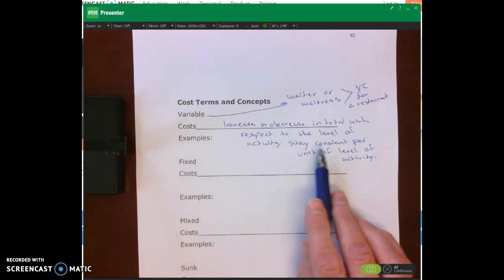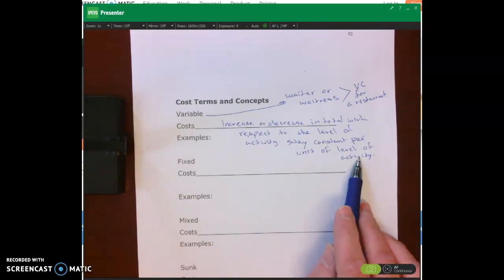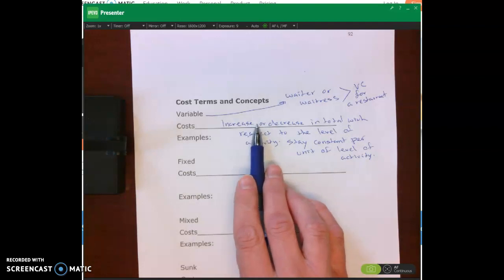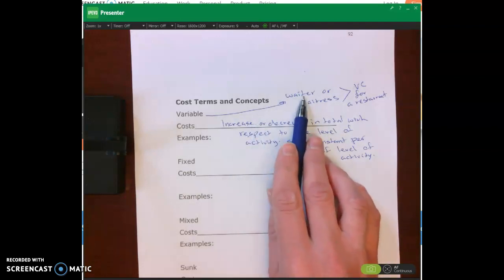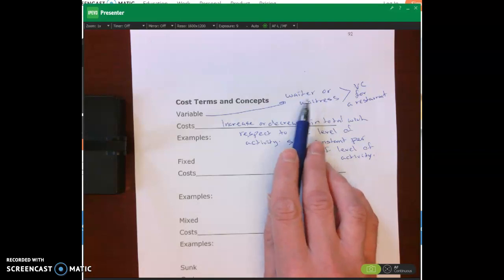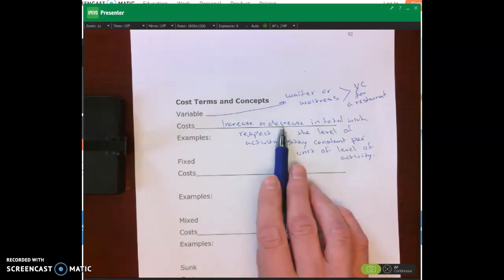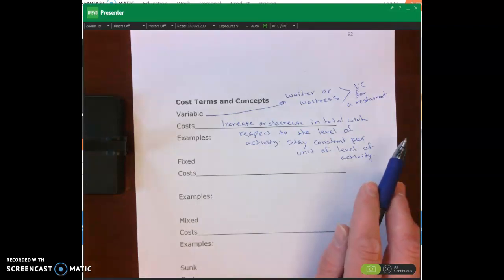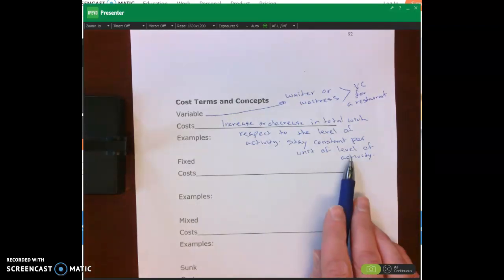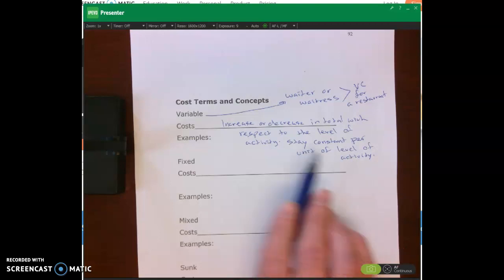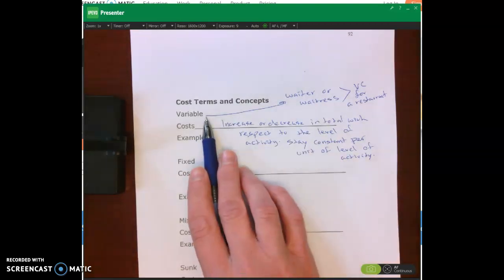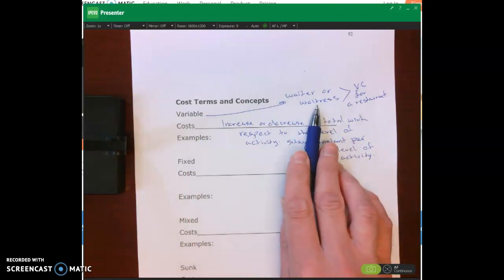So it stays constant per hour, but the restaurant's total compensation for waiters and waitresses, those expenses increase with the number of hours, or they could also decrease with the total number of hours. But it stays constant per hour. Okay? So if you're confused about variable costs, just think about waiters and waitresses.